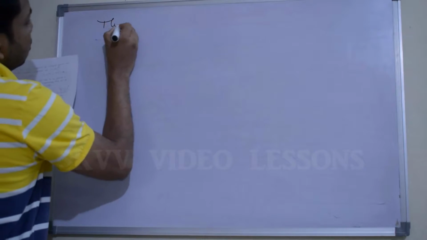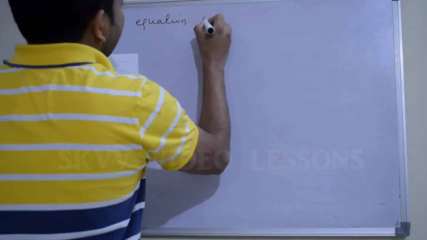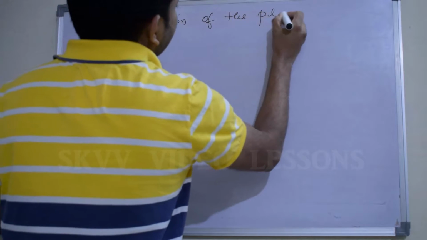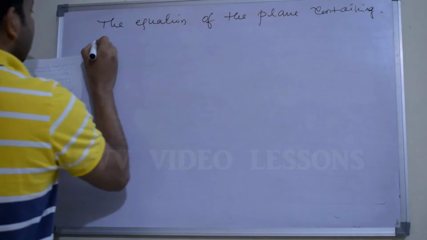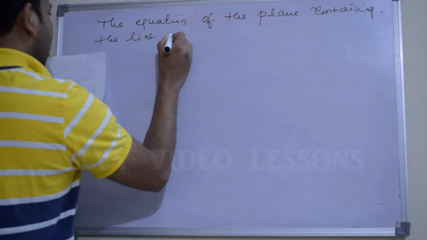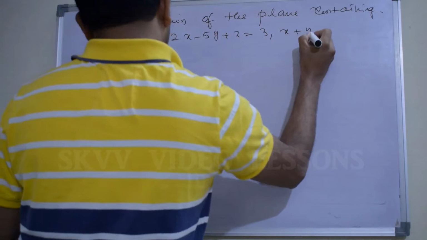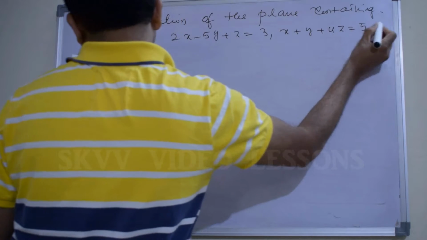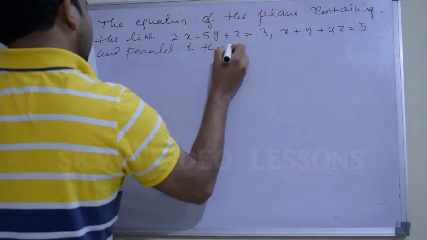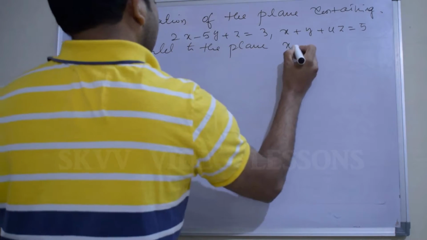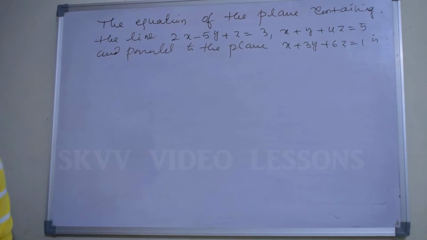The equation of the plane containing the line 2x minus 5y plus z is equal to 3, x plus y plus 4z is equal to 5, and parallel to the plane x plus 3y plus 6z is equal to 1. So this is the question.